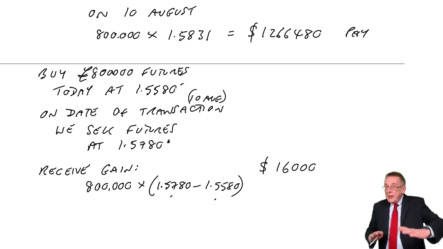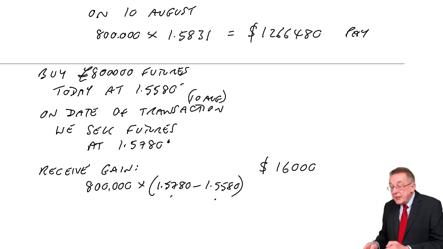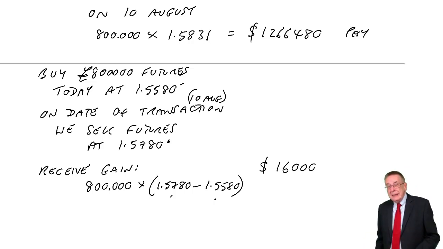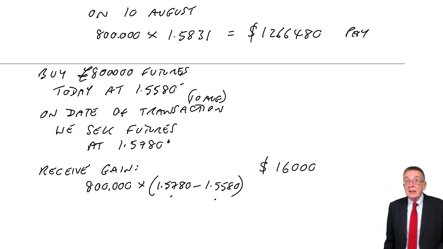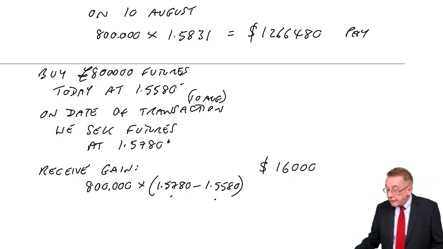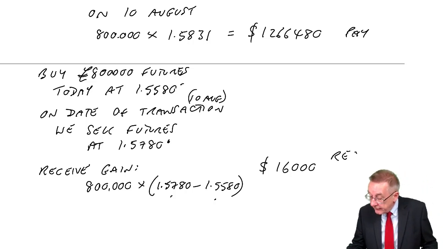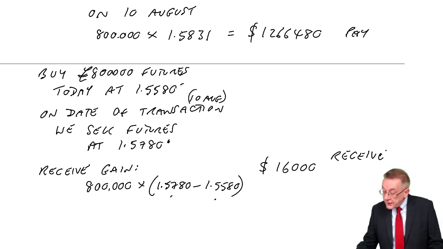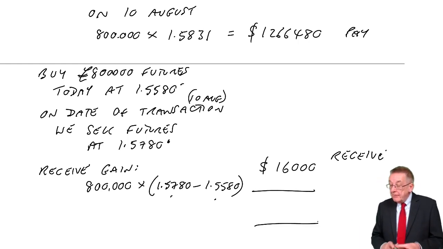And so there's two separate things here. On the transaction itself, converted to whatever spot happens to be, we pay out 1.266 million. On the futures deal, at the end of the deal, profit or loss, here a profit of 16,000, we receive that from the dealer. And what's the net effect? We end up paying out 1,266,480.